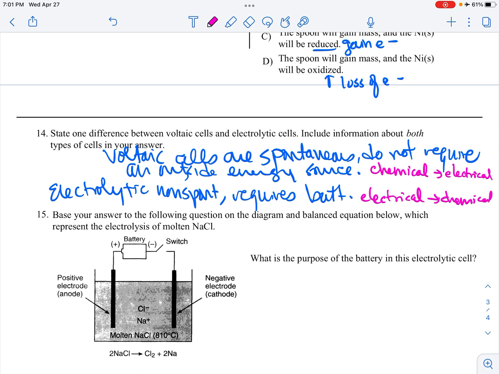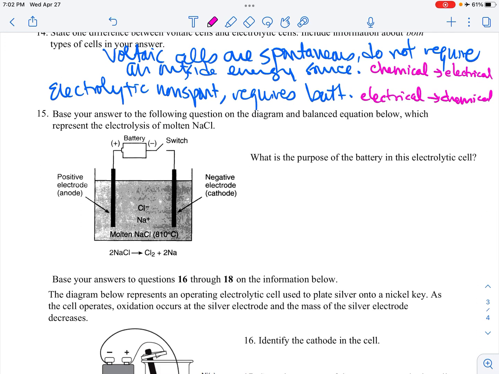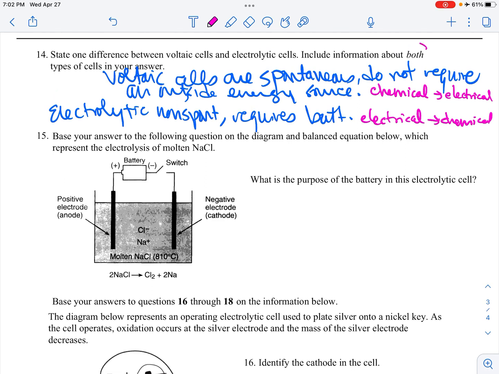I'm looking at what the answer key says: voltaic cells produce energy, electrolytic cells consume energy. Those are really your two options. You could talk about spontaneity and the energy source, or specifically the kind of energy. But remember, it says you have to include both. So do that.